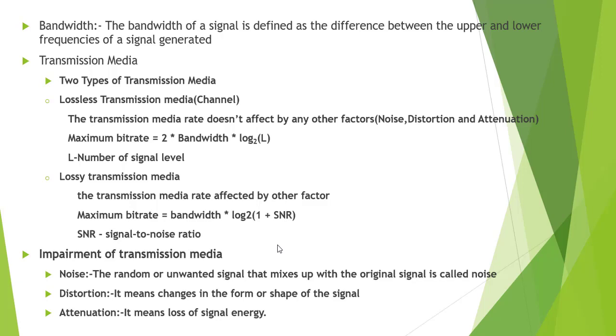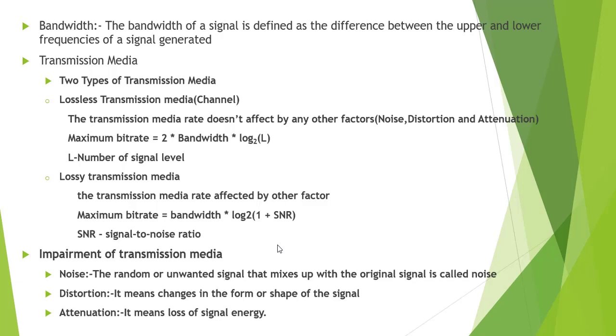Noise means random or unwanted signal that mixes with the original signal. Distortion means a change in the form or shape of the signal. This is generally seen in composite signals made up of different frequencies. Attenuation means the loss of energy.